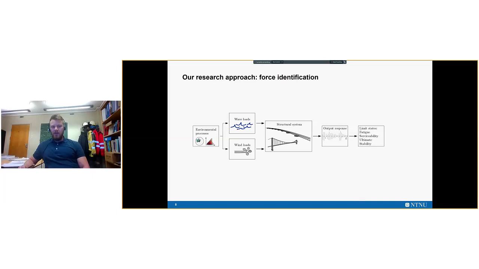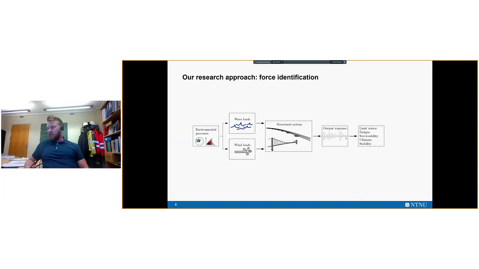So in our structural system, it might be analyzed as follows. We have some underlying environmental processes that govern the wind and wave loads, and these are applied to the structural system.